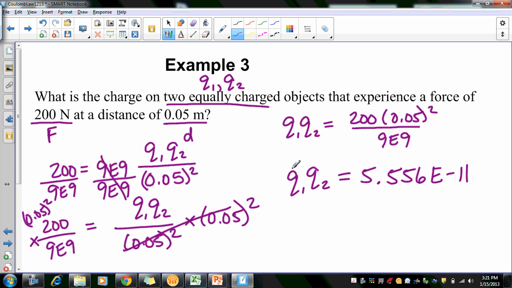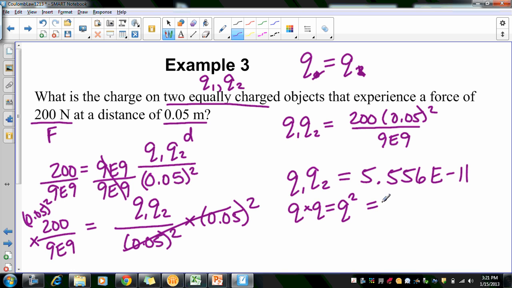Now here's a dilemma. We have two unknowns. But they're equal, which means Q1 equals Q2. So since these are equal, we could just drop the 1 and 2, because it doesn't matter. So we have Q times Q, which gives you Q squared.